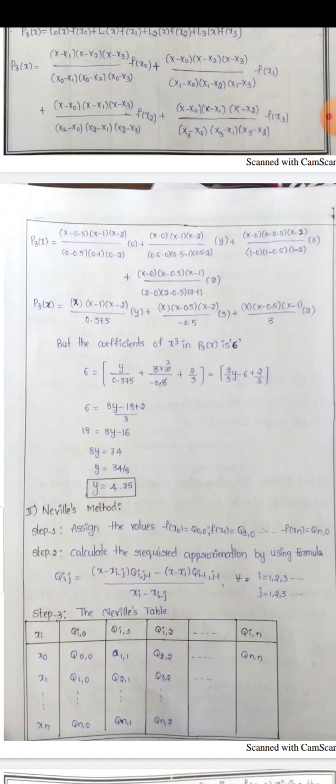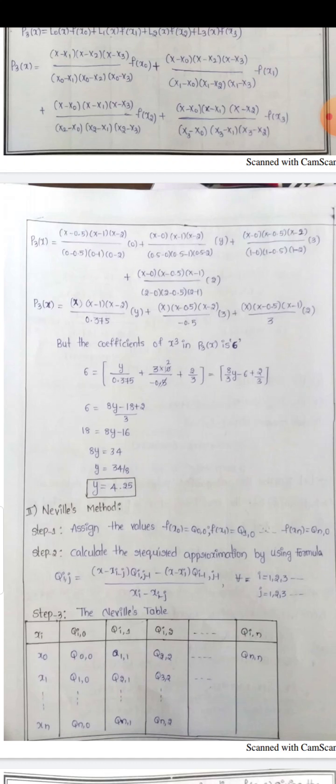P3 of x is equal to x into x minus 1 into x minus 2 by 0.375 into y, plus x into x minus 0.5 into x minus 2 by minus 0.5 into 3, plus x into x minus 0.5 into x minus 1 by 3 into 2.